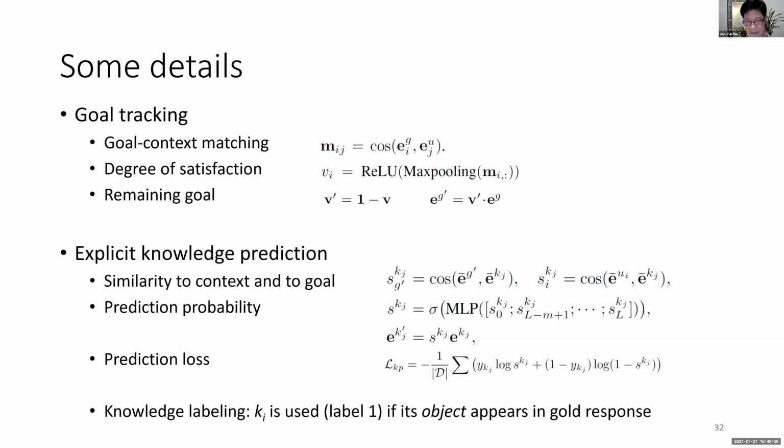This is the piece of knowledge that we want to select. Otherwise, the piece of knowledge will be labeled as 0. And we use these signals to train a knowledge prediction or knowledge selection module. So this is something that we put in this work.